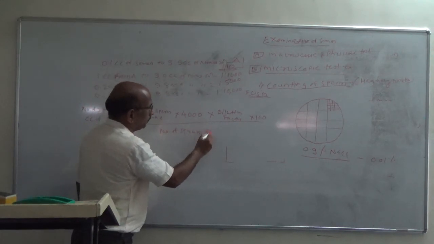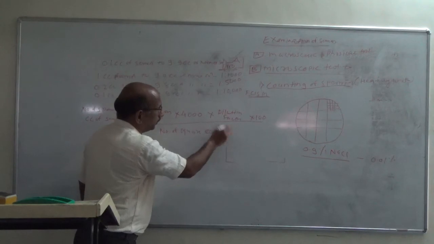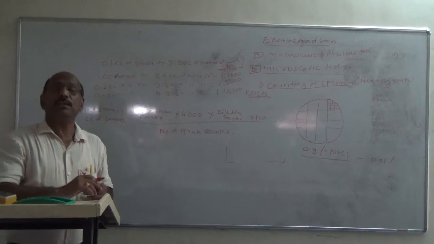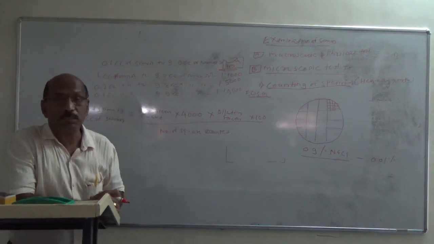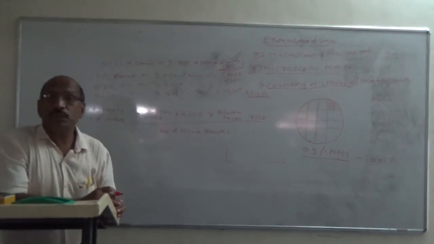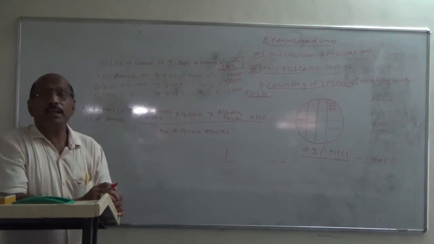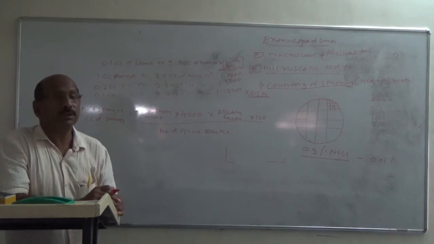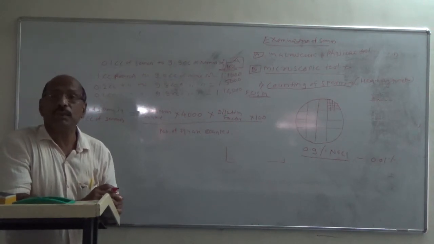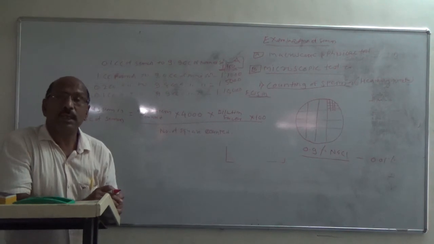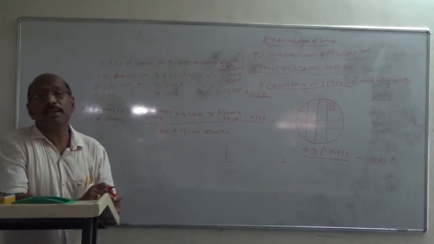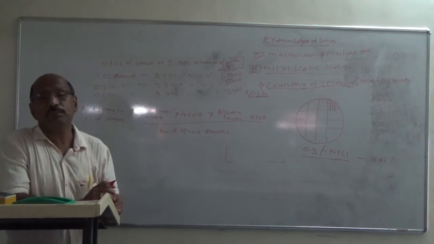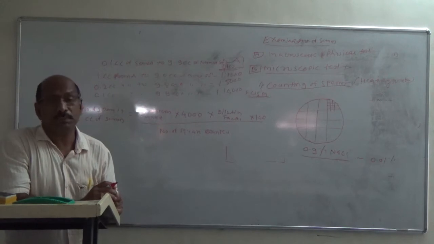So the counting of sperm is done with the help of the counting chamber consisting of 16 big squares divided into 256 small squares, and the size of each small square is about 1/400 cubic millimeter, and height is 1/10 millimeter, and therefore the space for each small square is 1/4000 cubic millimeter.